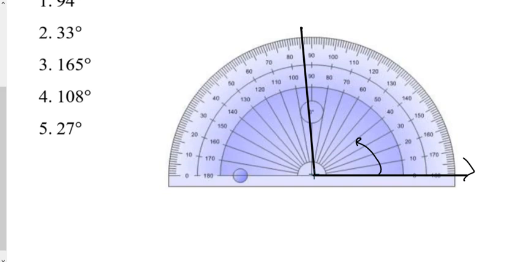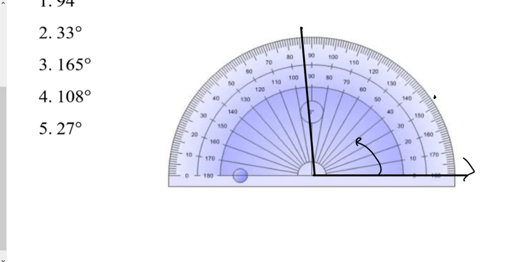So 33 degrees. Again, I'm going to look for where 33 would be. If I'm opening up, it's going to be an acute angle. So here's 35. 33 is going to be about right there.